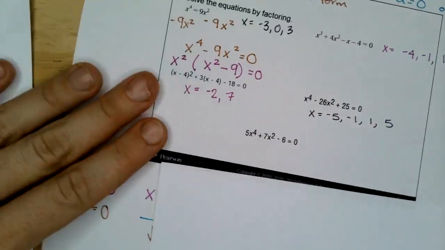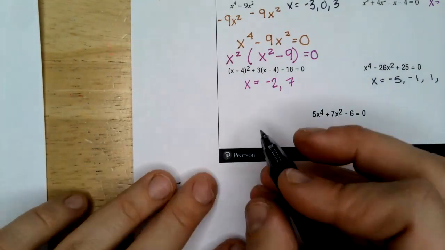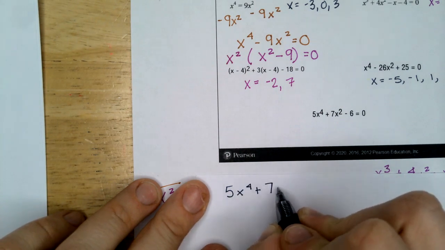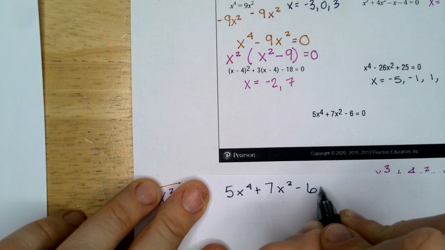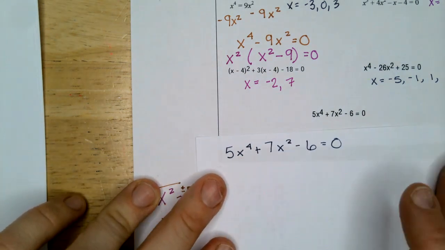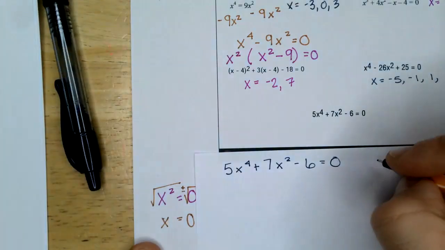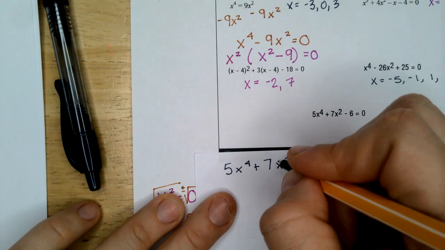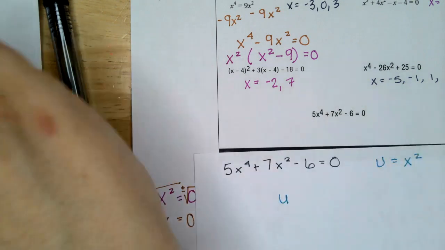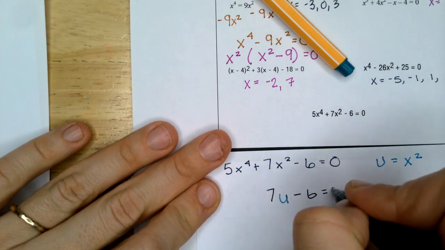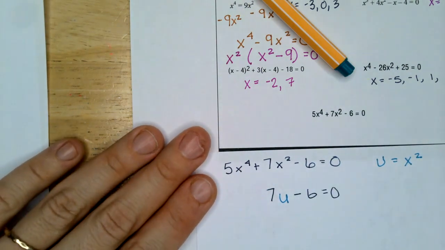Our last example will be 5x to the 4th plus 7x squared minus 6 is 0, right? I have x to the 4th and x squared. U is x squared. So instead of 7x squared, I'm just going to have 7u. Good.